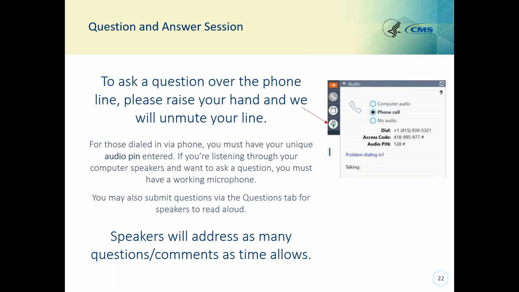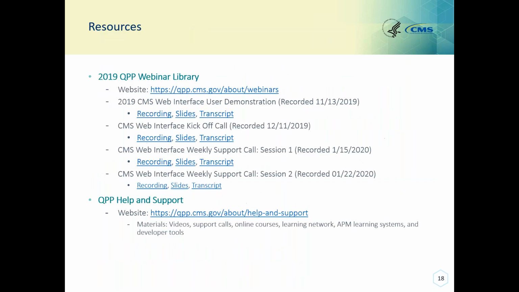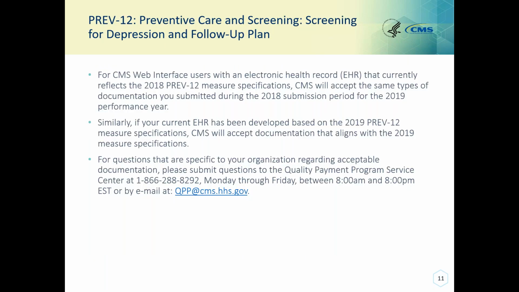Hi, this is Sandra Adams Slaughter. Could you please put up slide 11? Thank you. So for Prep 12, here's some information that you may find helpful. For CMS Web Interface users with an electronic health record, we are currently accepting the documentation.